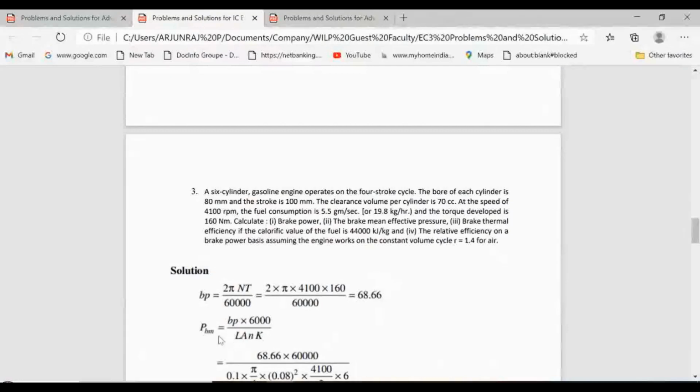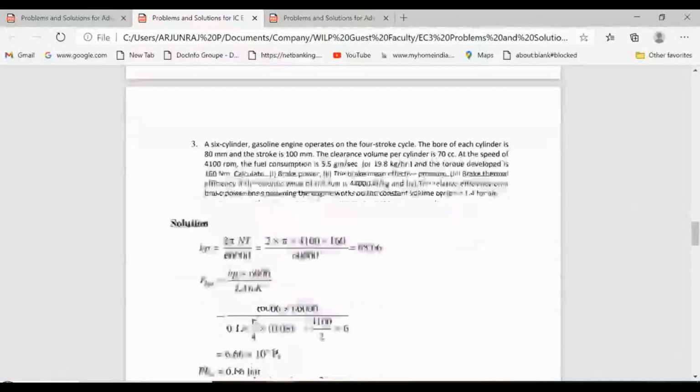And next, they are asking to calculate the brake mean effective pressure. The brake mean effective pressure is nothing but brake power into 60,000 divided by, because here again you see, it can be the indicated power or the brake power, accordingly the P by 60,000 will come.